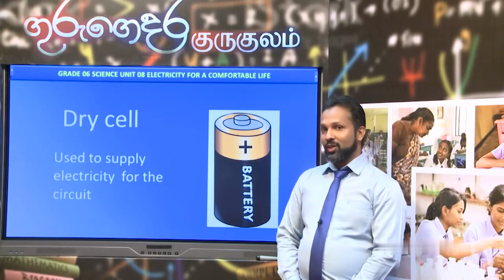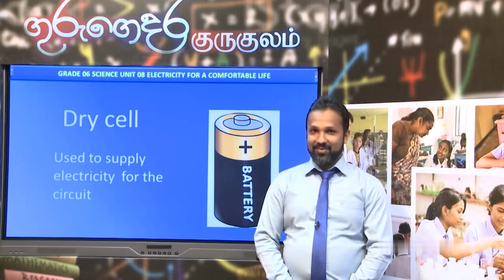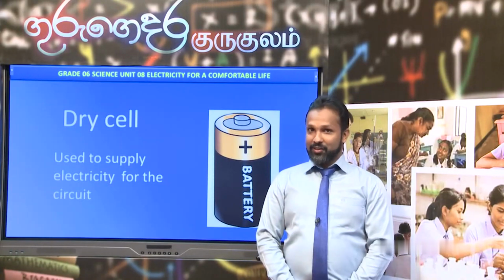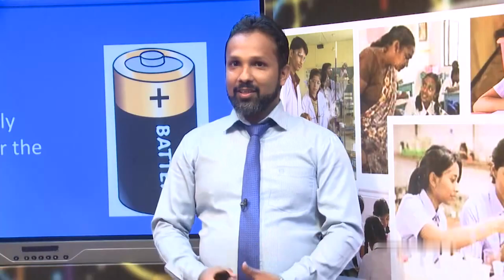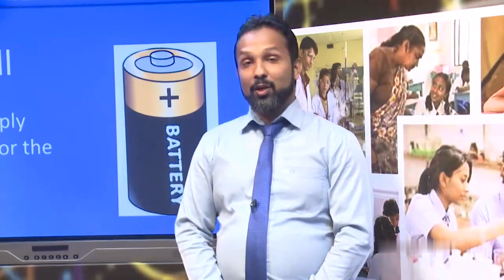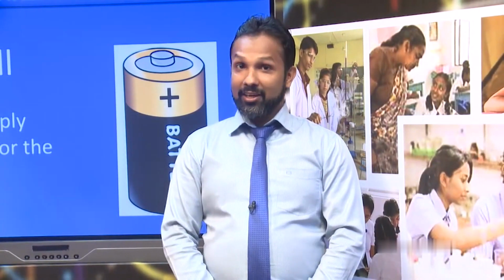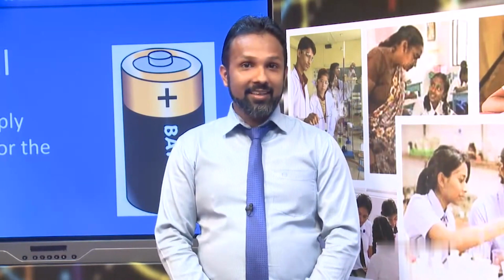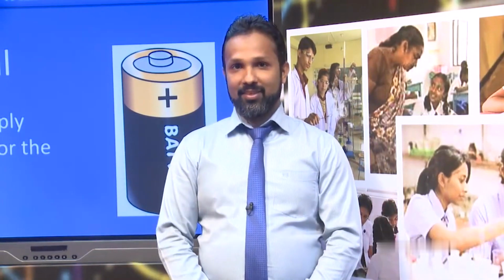Right, my dear children, you can watch a dry cell. I am sure you can remember what a dry cell is. Can you remember? In the previous lesson, when we studied methods of generation of electricity, we learned that electricity can be generated by using a chemical cell.